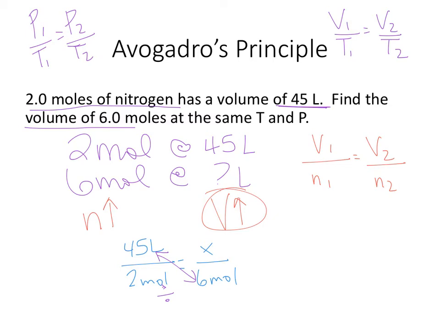And I end up with X is equal to 135 liters. There we go, 135 liters. And we said that volume was going to go up, and volume went from 45 to 135, so that checks out. That's probably a pretty good statement.